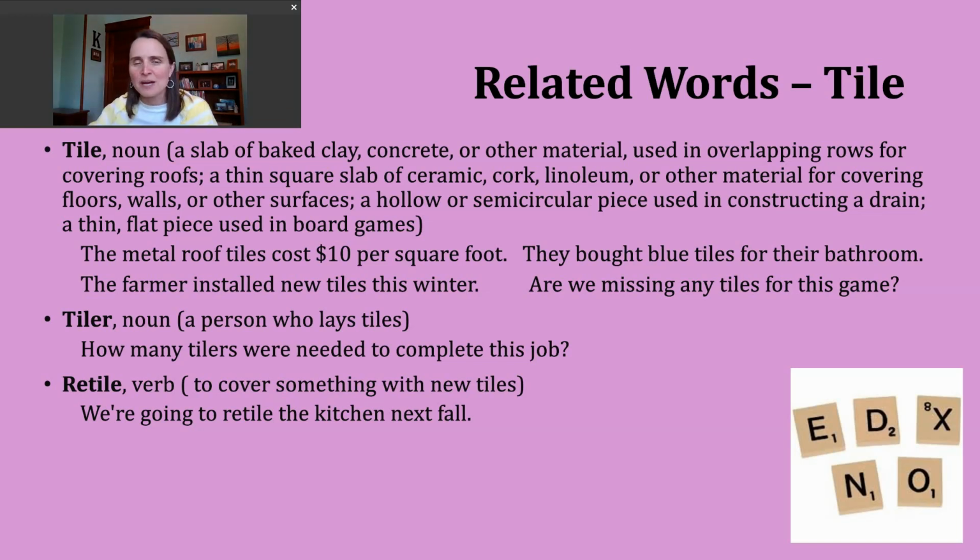Maybe you take away the old ones and then you put down new ones. So an example of how you might hear this used could be, we're going to retile the kitchen next fall. Again, another future sentence there with be going to. So someone thinking about their plans for the next couple of months.